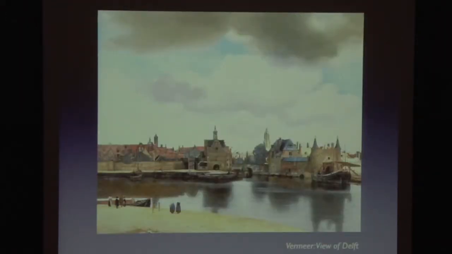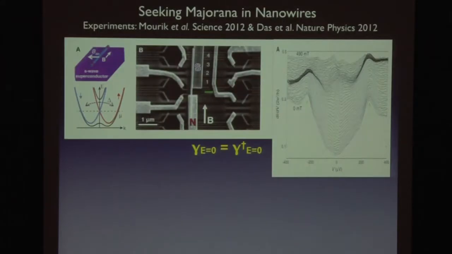So this is a picture of Delft in Holland. And they've been looking for Majorana using this theoretical recipe. And a few years ago, they succeeded in fabricating, using nanofabrication techniques, the exact recipe that the theorists predicted or proposed.